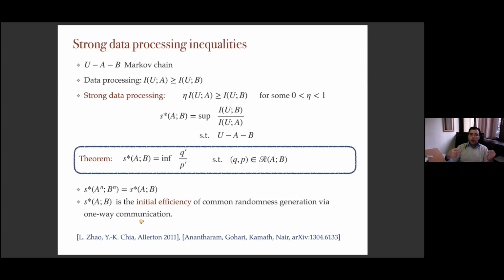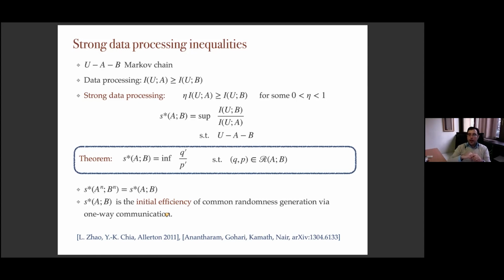The question is, what's the rate at which I can do that? In general, I cannot do that exactly, because of the properties of the hypercontractivity ribbon or the maximal correlation and so on. So I want to add a little bit of one-way communication from Alice to Bob, and see, given a rate for communication, what's the rate at which you can generate common shared randomness.